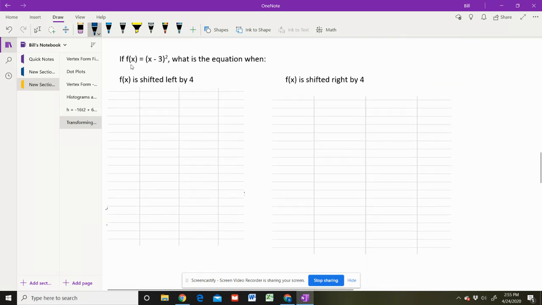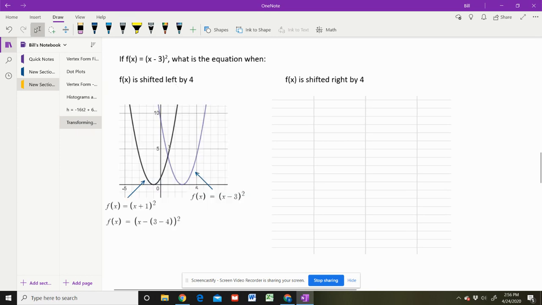All right, so if f of x is equal to x minus 3 squared, what is the equation when f of x is shifted left by 4? So I want you to try that one, answer that question. All right, so on this one, if we're going to shift to the left by 4, we're taking x minus 3.